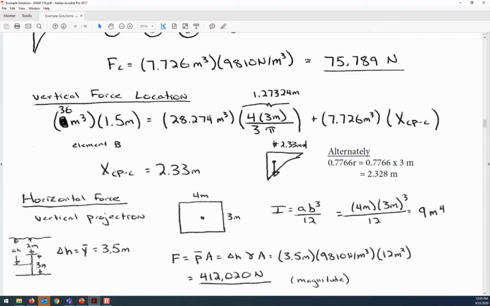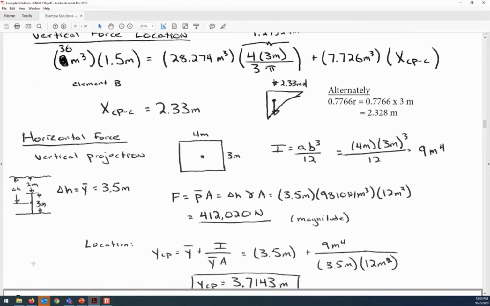And then the location of the force we calculate from the YCP. The depth to the centroid, y bar, is the same as delta H because it's vertically oriented. So you can see that the YCP is 3.71 meters.